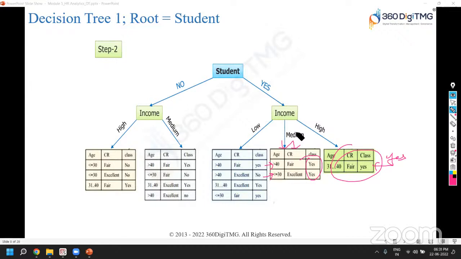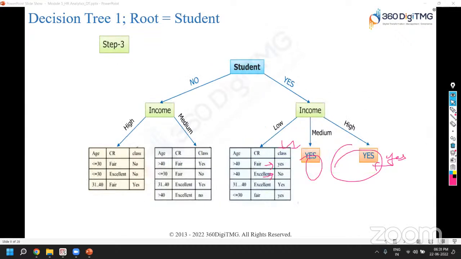So for student, we have income, high and medium. In these two cases, the customers are going to purchase the computer. You can say the employees are going to resign for two different factors. This is a rule that we have constructed here. We have successfully created a set of rules.